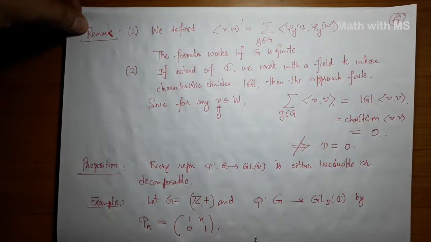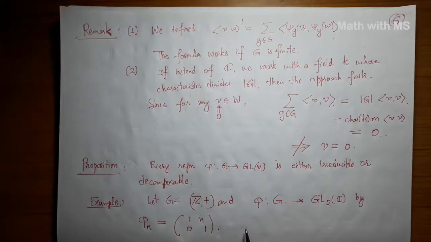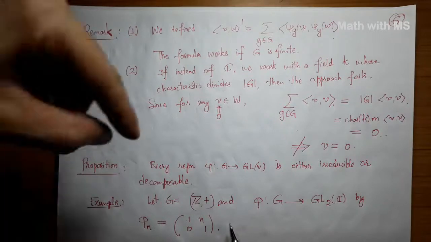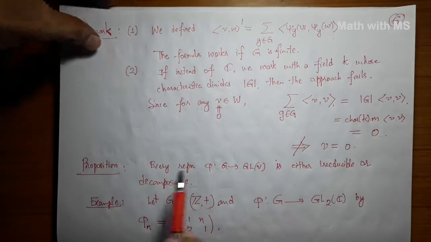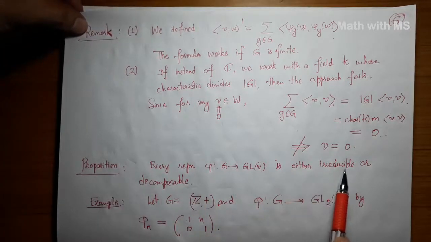You can easily check that it is indeed a group homomorphism, a representation. This representation is not equivalent to a unitary representation. For if it were, then by the preceding proposition it would be either irreducible or decomposable.